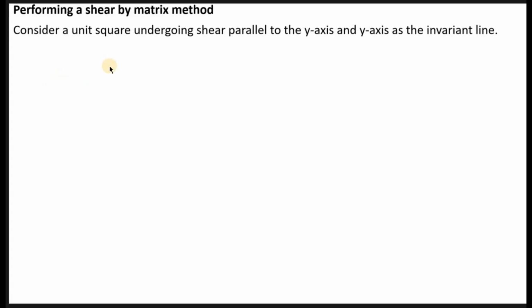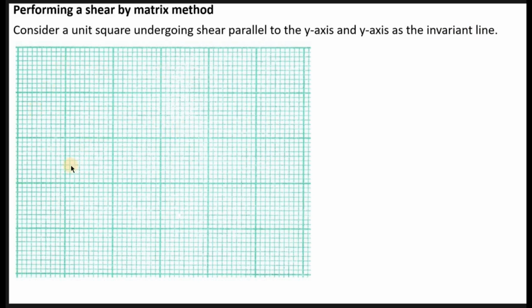Okay, so let's now do another example. We are also doing another example where we are considering a shear. Consider a unit square undergoing a shear parallel to the y-axis, with the y-axis as the invariant line. So we have the Cartesian plane as usual, with these points there.